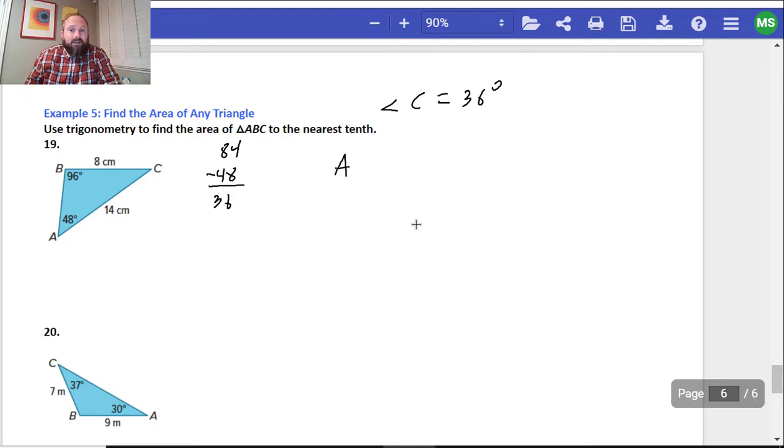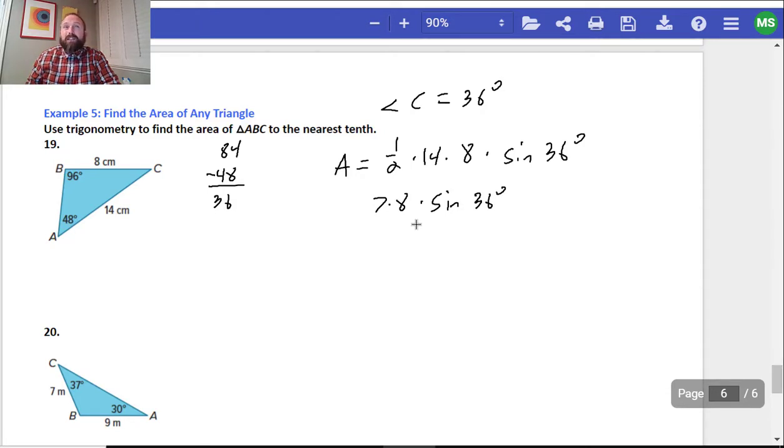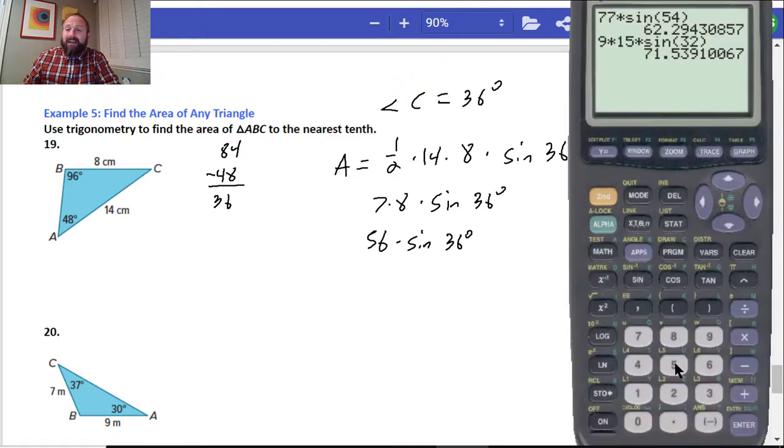So now the area is equal to 1/2 of the legs times the sine of 36 degrees. So that's going to be 7 times 8 times the sine of 36 degrees. So 7 times 8 is 56. So 56 times the sine of 36 degrees. So take out my handy dandy calculator and do 56 times the sine of 36 degrees.